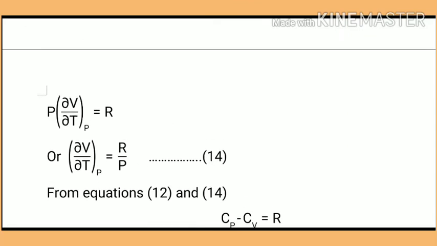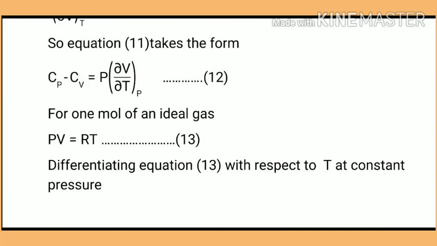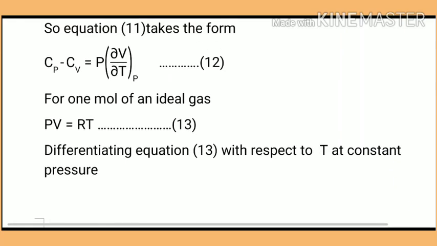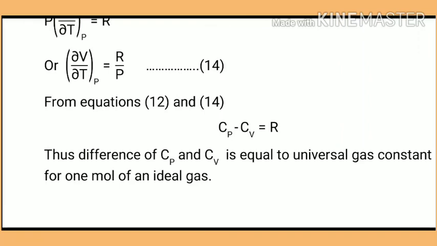If we put this value in equation number 12, we get Cp minus Cv is equal to R. Thus the difference between Cp and Cv is equal to the universal gas constant R, for 1 mole of an ideal gas.